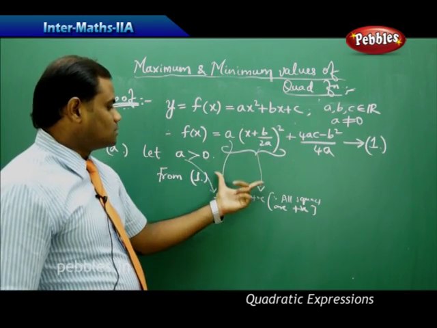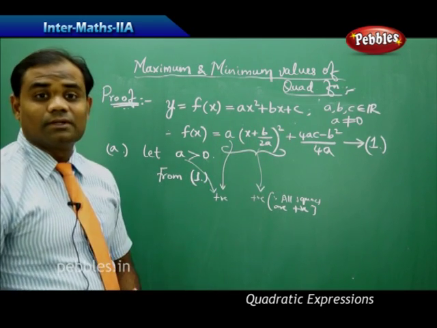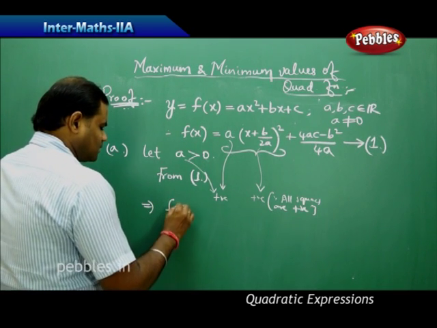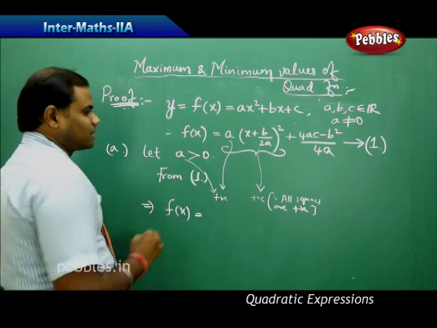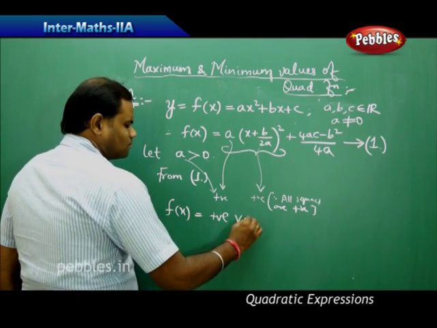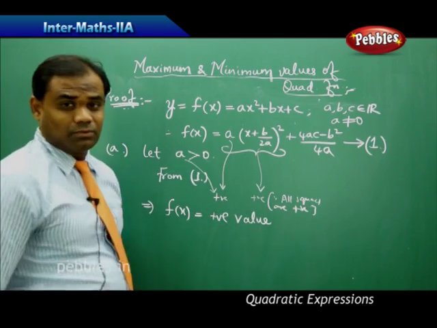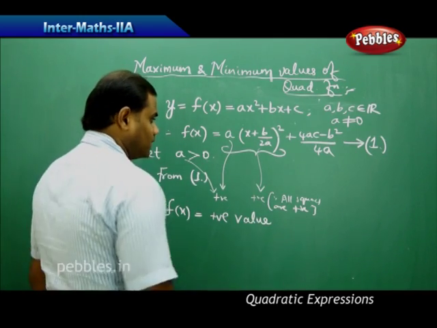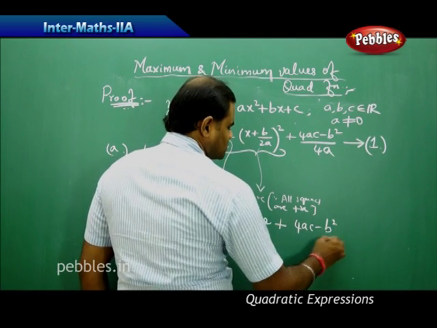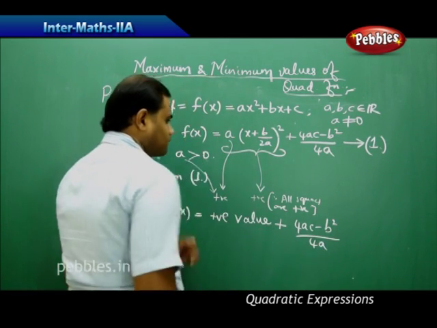So this into this is overall a positive value. Therefore, that implies f of x can be written as some positive value, which is not a fixed value out there, plus 4ac minus b squared by 4a.